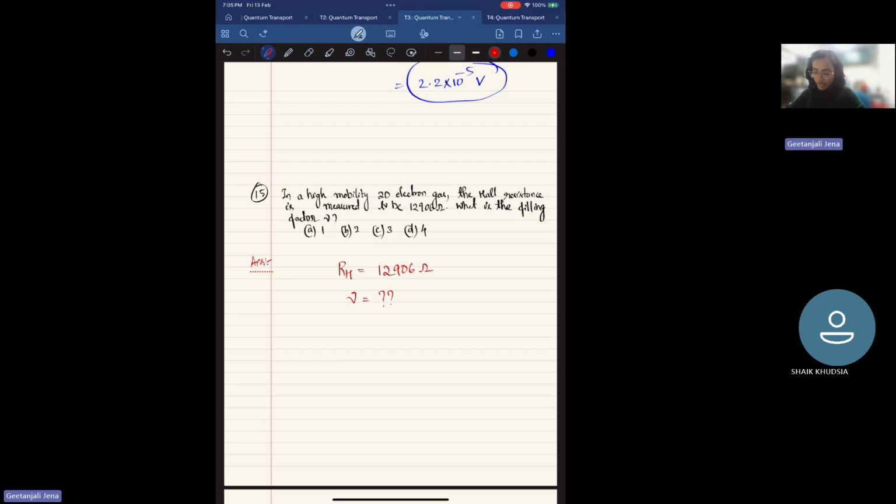I will give you some time to solve it. Please try to solve it and let me know the answer. Recall the concept of week 3. What is the relation between the filling factor and the Hall resistance? Then you will be able to find the filling factor.